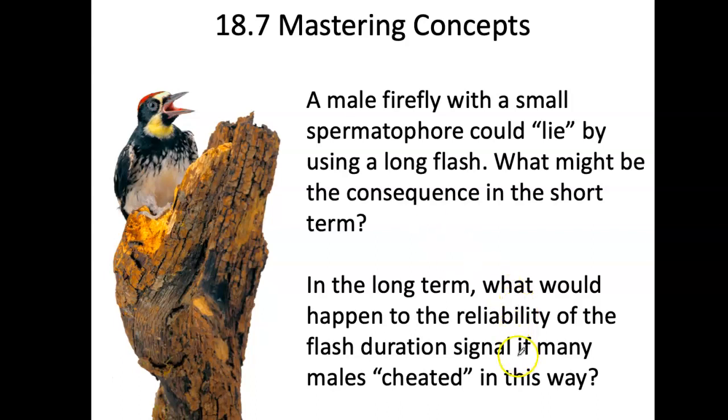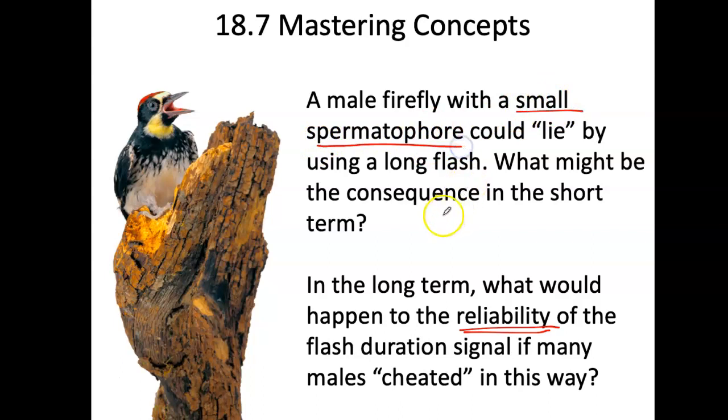But in the long term, what would happen to the reliability of the flash duration signal if many males cheated in this way? So then it would no longer become reliable. And not only that, but genetically also, you would have many more males being born with a small spermatophore.